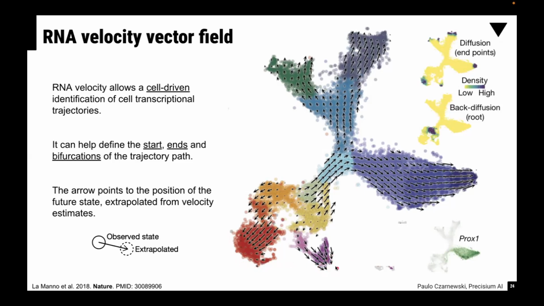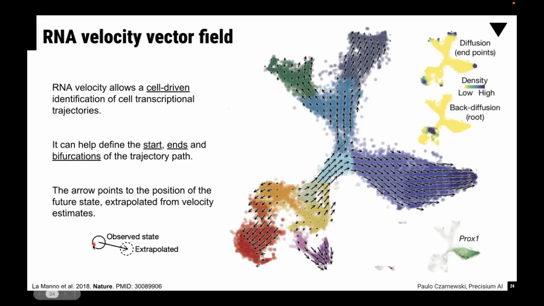So that's instead of the previous algorithms that I was mentioning, where you need to know the biology to set where is the starting point. In here, you can define that by the data itself. As I was just mentioning, the arrows then point to the position of the future state or the spliced version of the cell. So these are extrapolated from the velocity estimates.